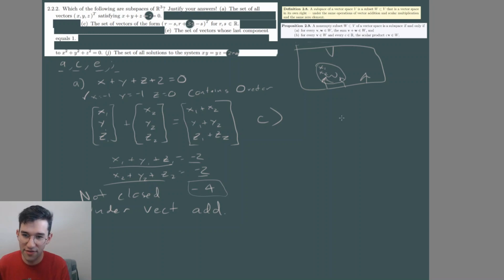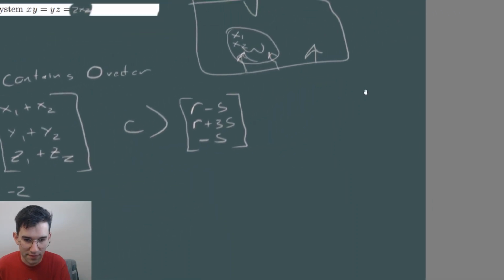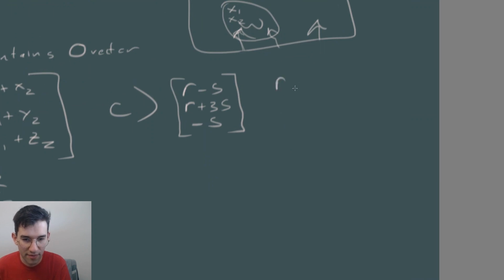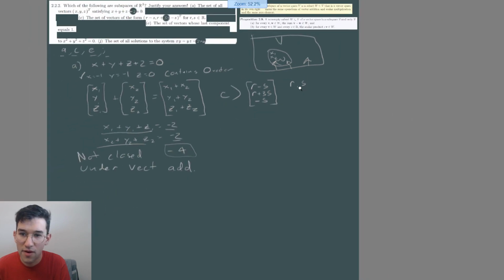The set of vectors that have the form (R minus S, R plus 3S, negative S), where R and S are real numbers.